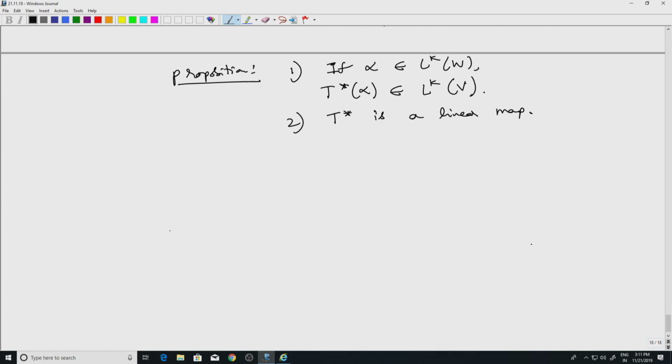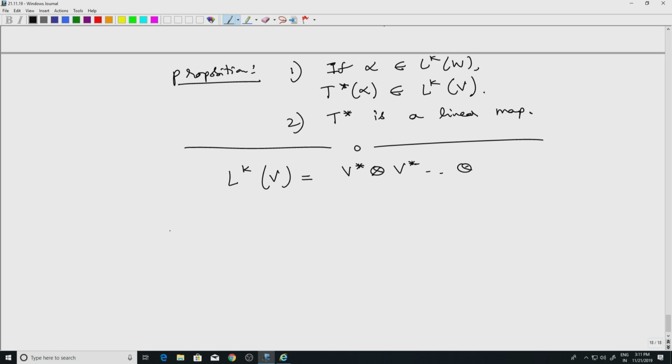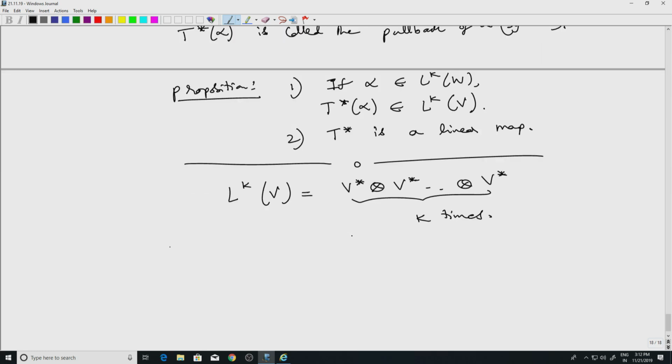But in fact, one can say more. These are elementary observations, but since we know that L^k(V), we proved, is actually equal to V star tensor V star, k times, and same thing for L^k(W) as well, one can ask what this T star does to tensor products.